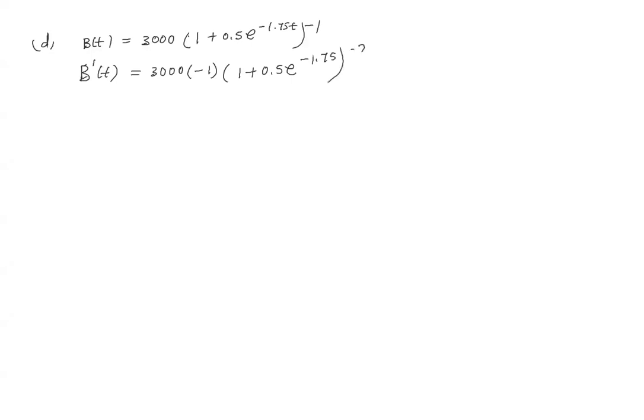So my B(t), I'm going to rewrite the function in this form, with power -1, and differentiate it. I get B prime t: times by the power, copy down the whole thing, power take away 1, times by the derivative of whatever inside, that is -1.75.